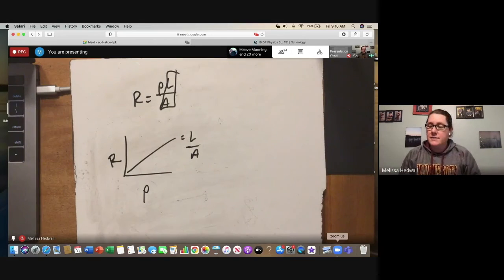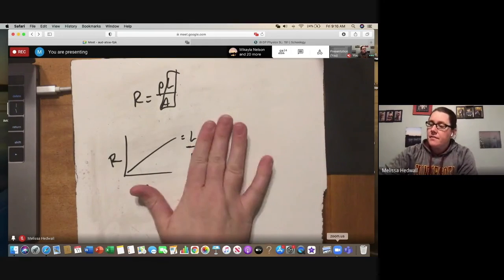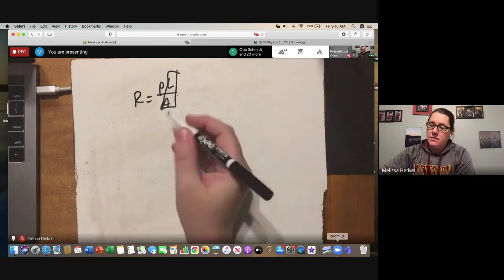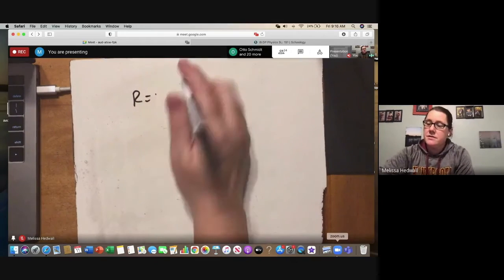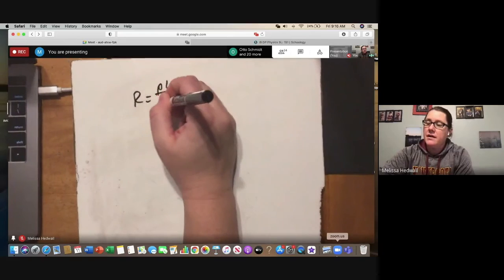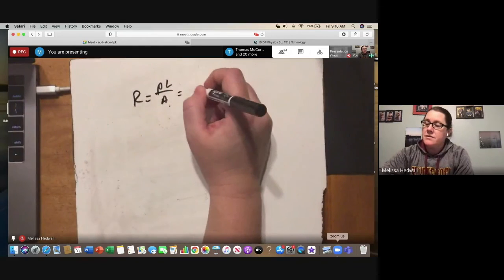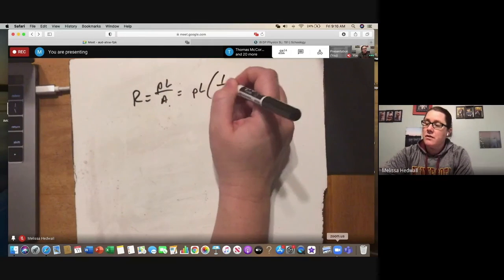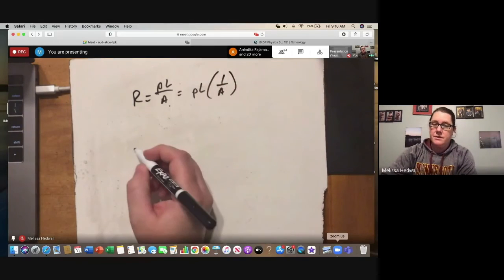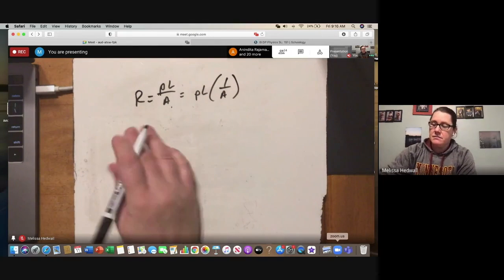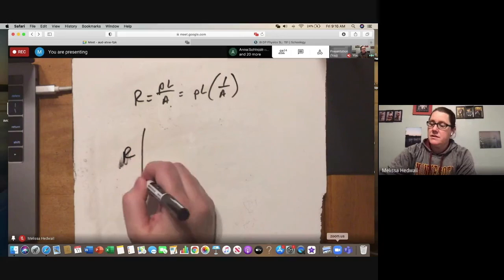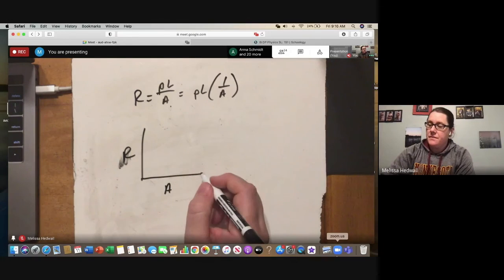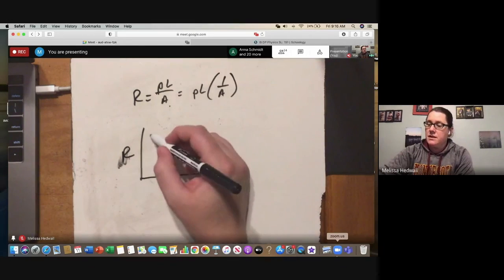The other way that this might be set up is if you're making area your independent variable and measuring resistance. And then you would have rho L over A. You could write that as rho times L times 1 over A. And so you would say your resistance here, and if you had area, it would look something like this.